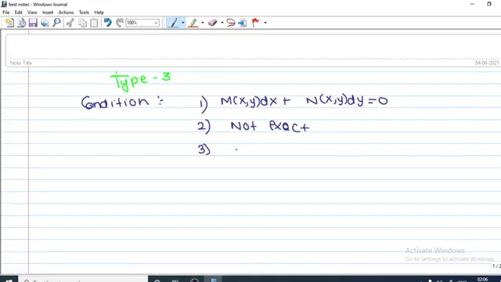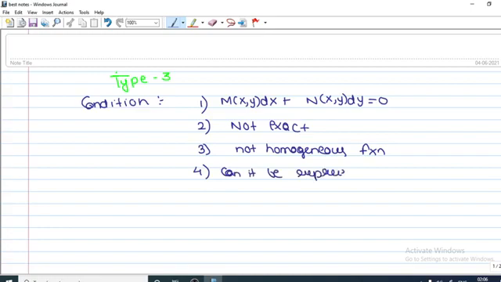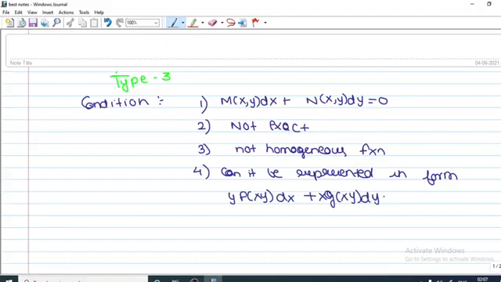Third, you need to identify not homogeneous. Fourth, you need to identify whether it can be represented in the form. Which form? The form is y f of xy into dx plus x g of xy dy equal to 0.